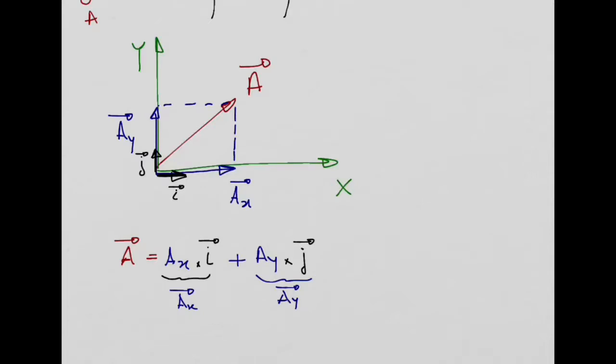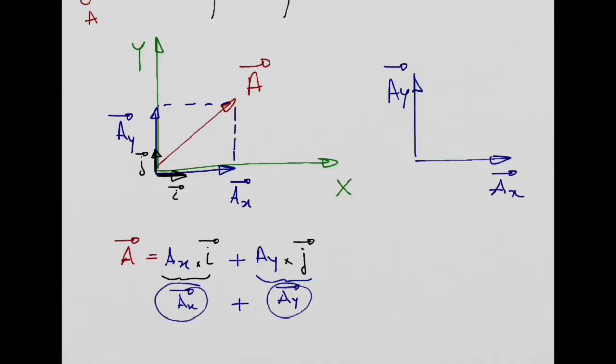So we have the AX vector, this horizontal component. Can you see? And I'm going to include this vertical component AY here. And what I'm saying here is that I'm adding AX plus AY, correct?